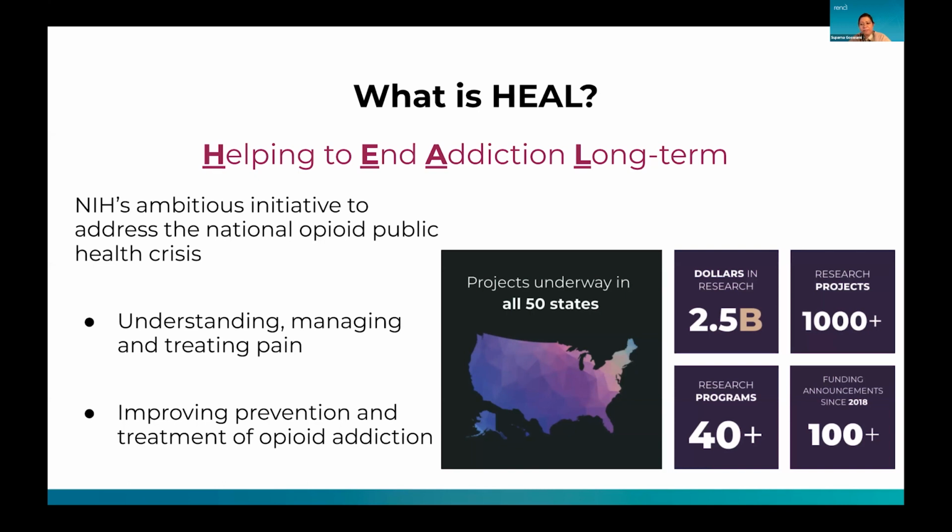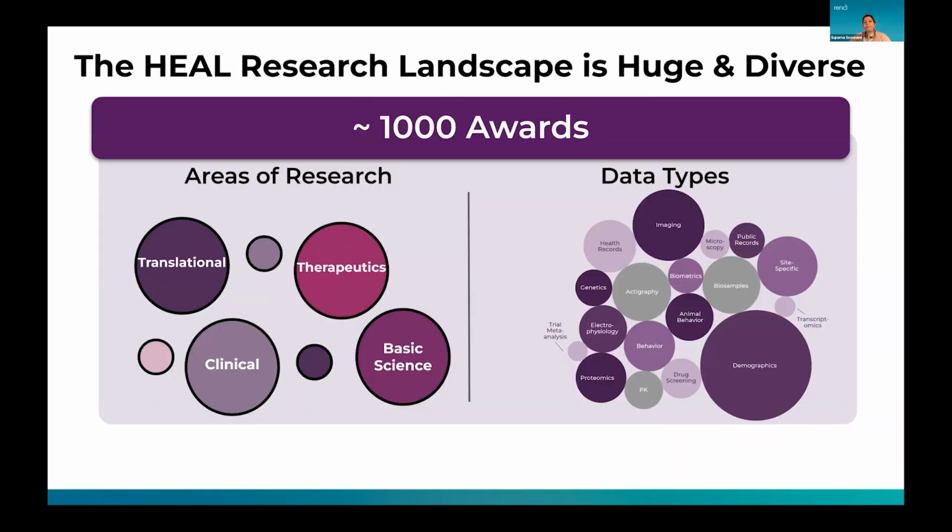There are more than 1,000 awards that have been made so far, different research programs, and it has been ongoing since 2018. Next slide, please. And as I mentioned, the HEAL research landscape is huge and diverse, not just in terms of the money being spent and the geographical coverage of the HEAL initiative, but also in terms of the different areas of research being covered and the types of data being generated by the HEAL awards.